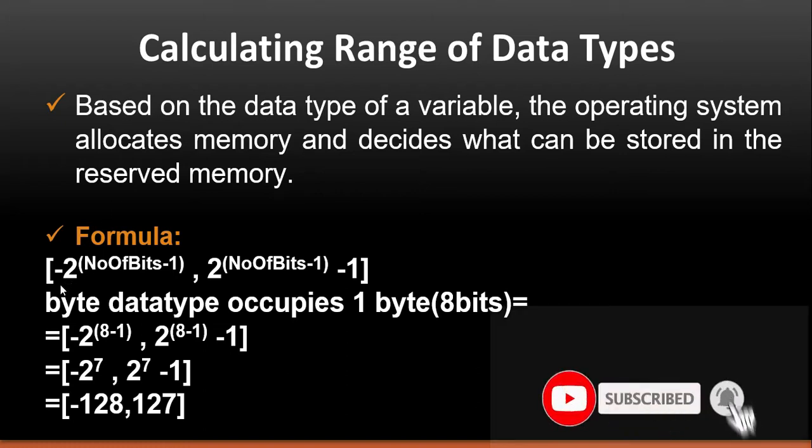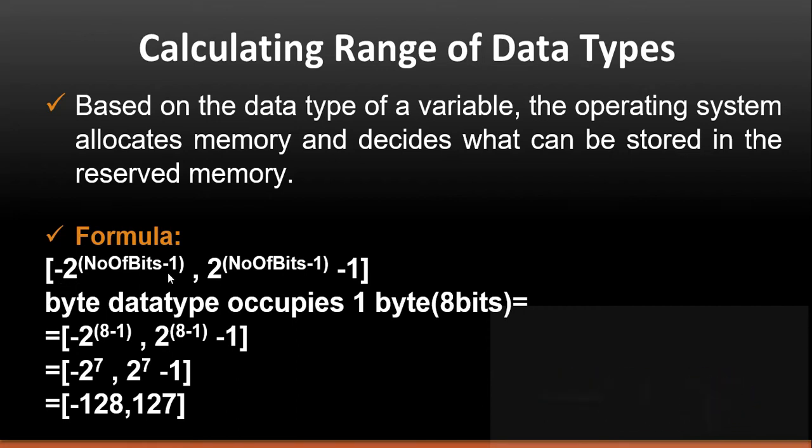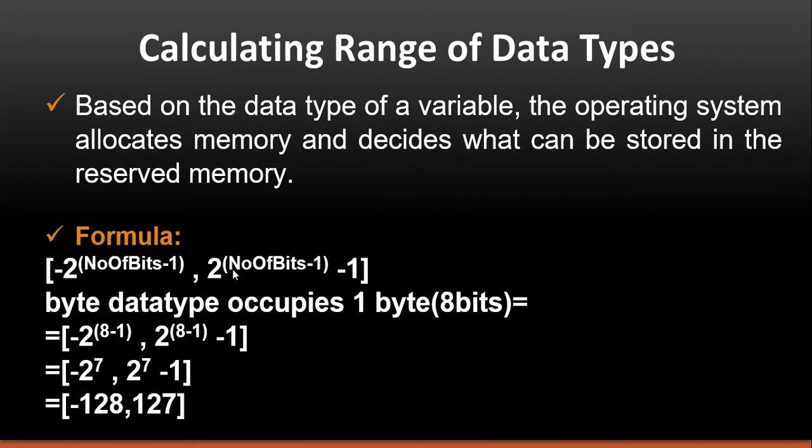The formula is [-2^(n-1), 2^(n-1) - 1], where n is the number of bits. Here I have given square brackets, that means both values are inclusive. This gives range of a particular data type. This range specifies the values which we can use for that particular data type.